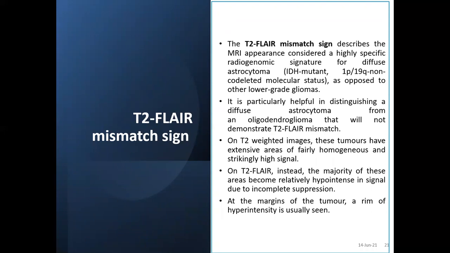If there is a mismatch, with high signal and a hyperintense rim seen at the boundary of the tumor, it is definitely an IDH mutation. So in any patient with a T2 and T2 FLAIR mismatch and a hyperintense rim along the periphery, it is regarded as the T2 FLAIR mismatch sign, and it is mostly IDH1 mutation.